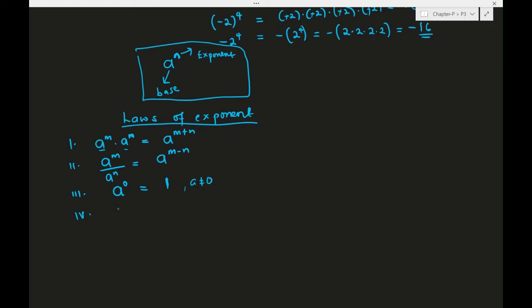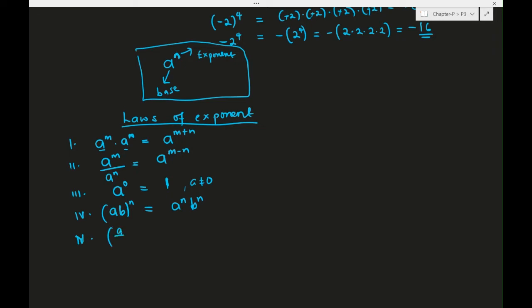Then we have, if you have A to power m over A to power n, I think we have this one already. Let's say you have ab all to power n. This is simply A to power n and B to power n.